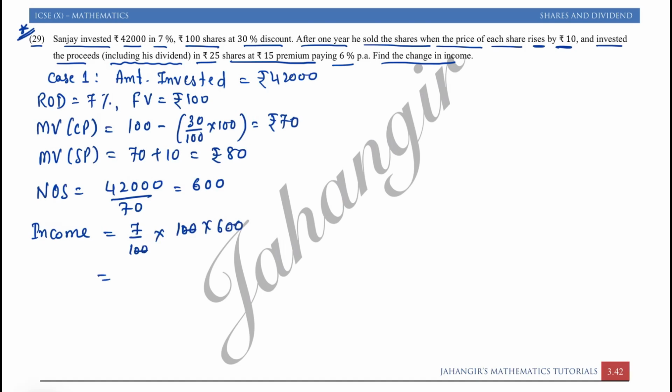Zeros cancel, 7 sixes are 42, so 4200. So income is 4200 in the first case. Now we will write amount invested, amount received on selling. He sold those shares, so we will write amount received on selling. This we say as sale proceed.